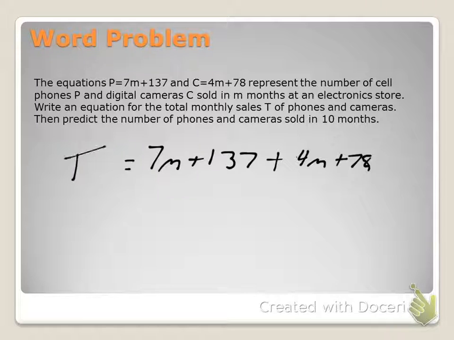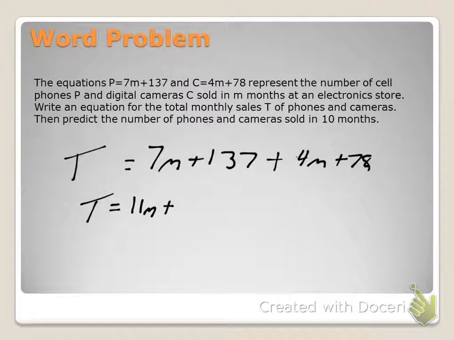T. Yeah, it just wants us to call it T. So T equals 7M plus 137 plus 4M plus 78. Combine like terms. So T equals 7 plus 4 gives you 11M, plus 137 plus 78. What is that, 215?